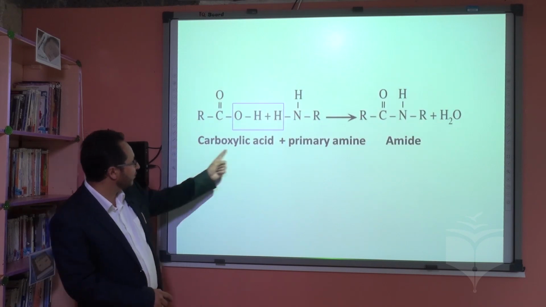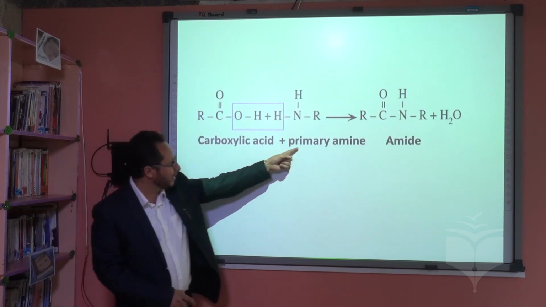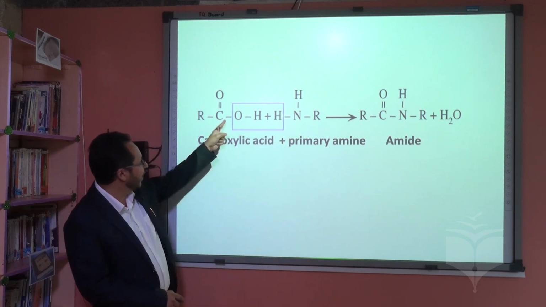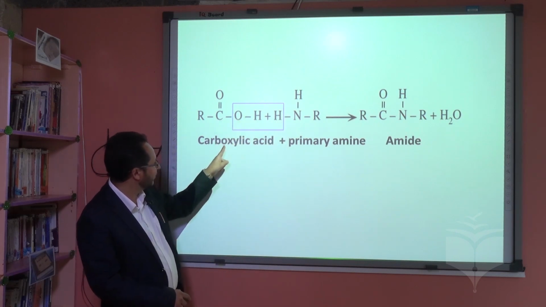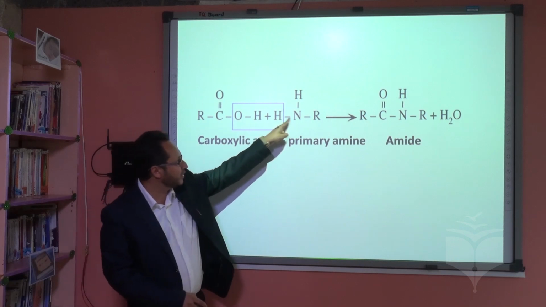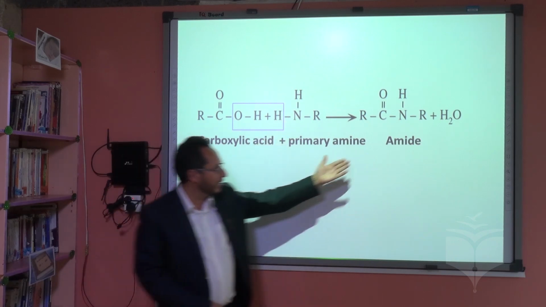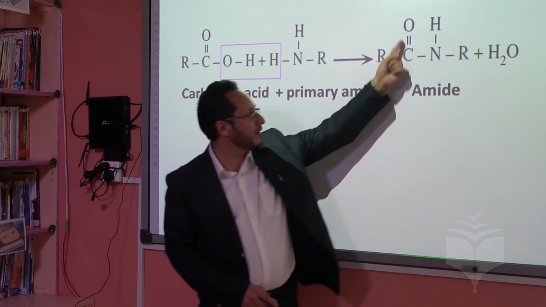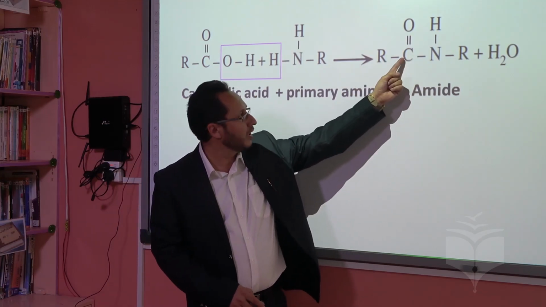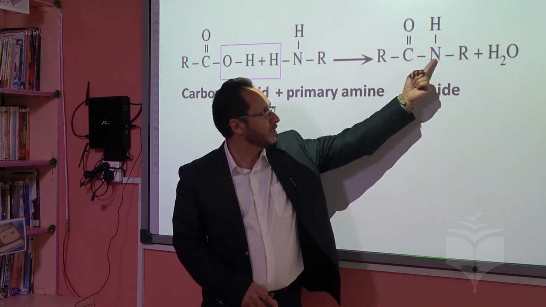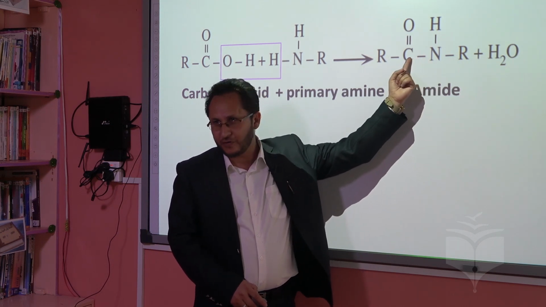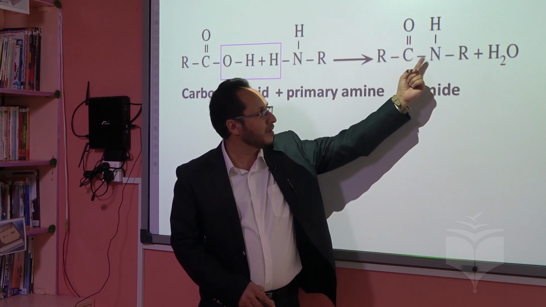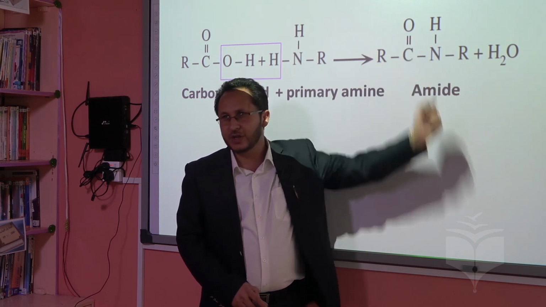Now, this is the carboxylic acid, and this is the primary amine. If you take OH from the carboxylic acid and H from the amine, we will get the monosubstituted amide. So this is C double bond O NH, the functional group of amide. You can write it C double bond O NH or CONH.